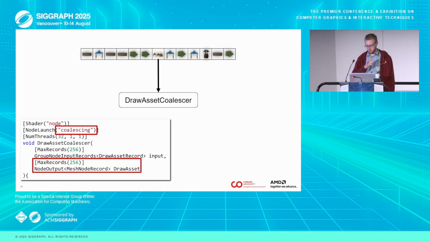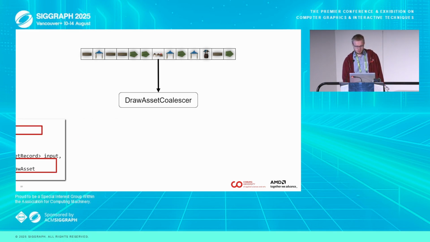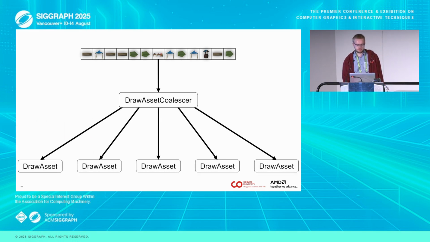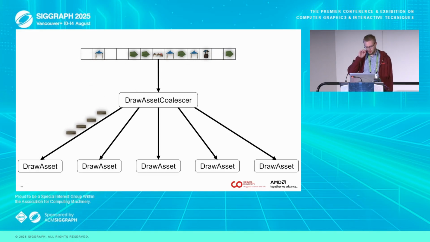If all these 256 records are for the same assets, it just outputs one that combines all of these. So what the node does, it has possible outputs and then sorts: all the branches get one output, all the tents get one output, all the leaves get one output, and so on.